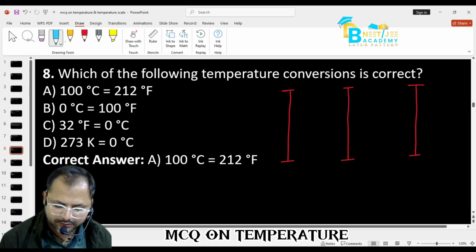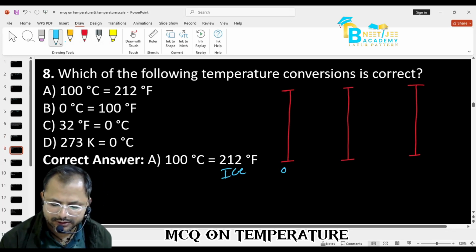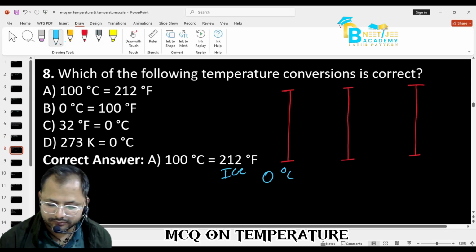The ice point on the Celsius scale is 0 degrees Celsius, on the Fahrenheit scale it is 32 degrees Fahrenheit, and on the Kelvin scale it is 273 Kelvin.